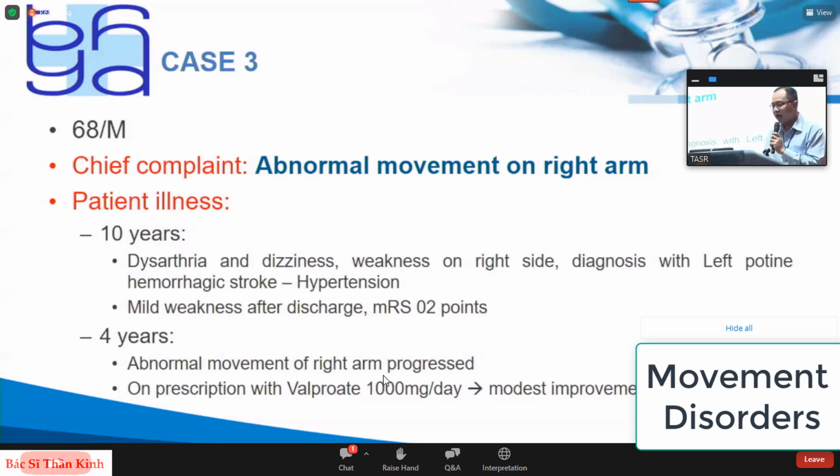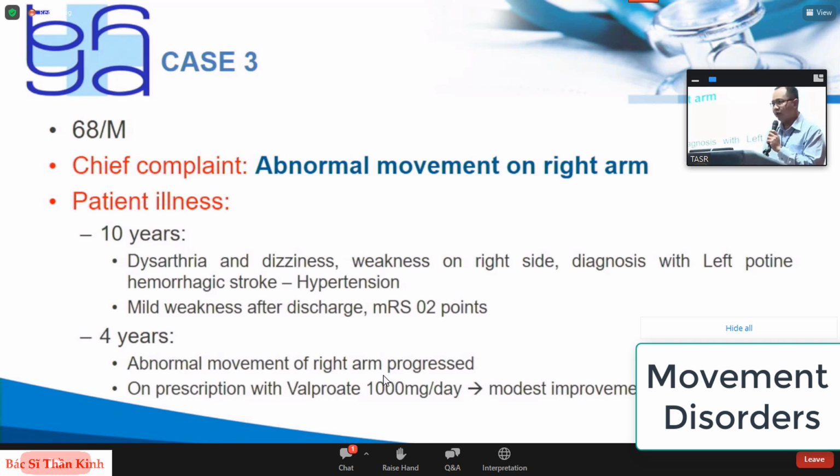10 years before admission to our hospital, he had mild dysarthria and dizziness and mild weakness on his right side. He was diagnosed with a left brachial hemorrhagic stroke and hypertension. After discharge from the hospital, he only had mild weakness on his right side, with a modified Rankin scale of 2 points. But 4 years ago, he started to notice abnormal movement in his right arm.